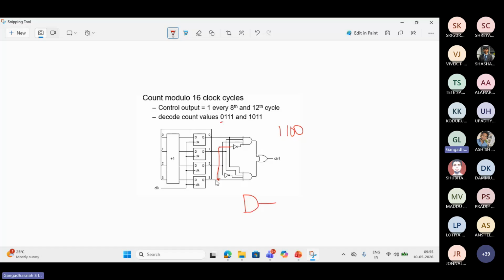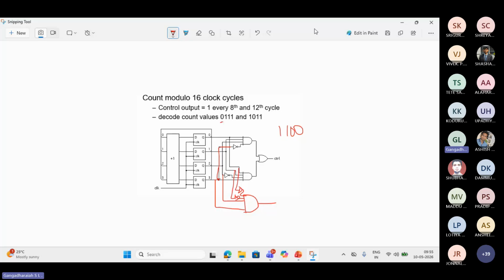This is 1. This is 2. Here this guy is sitting on the same line. This becomes an inverter. Again, this becomes an inverter. Is it clear?